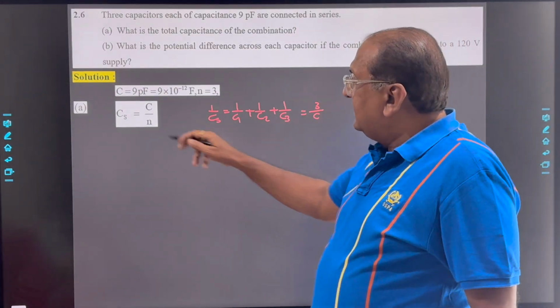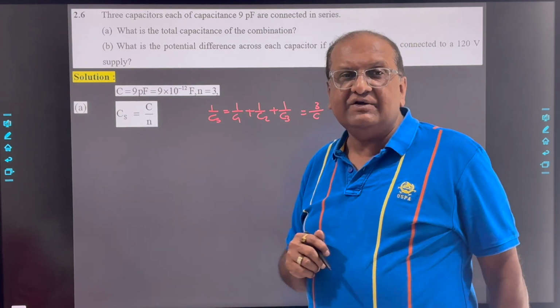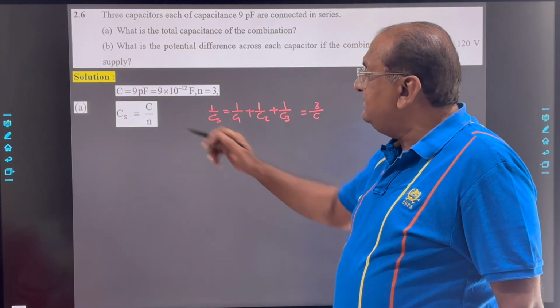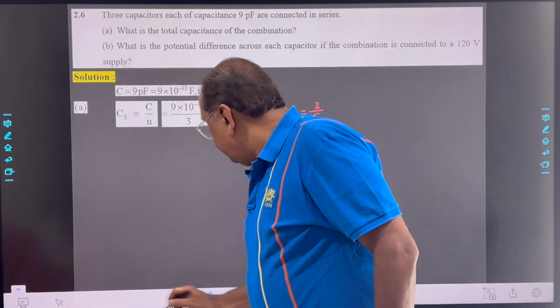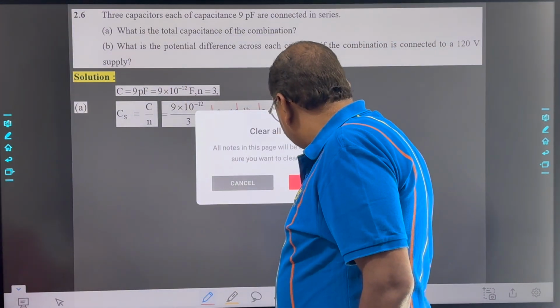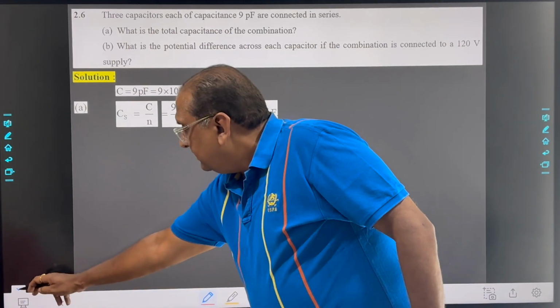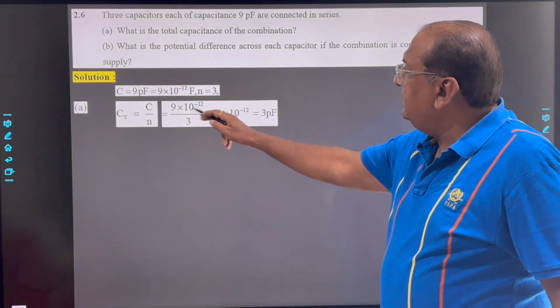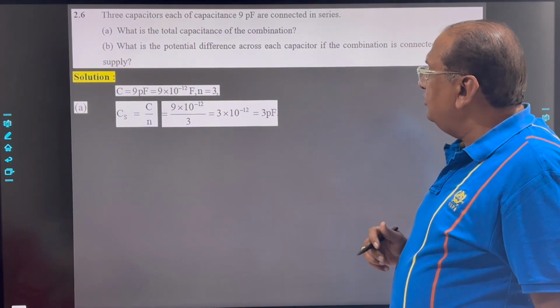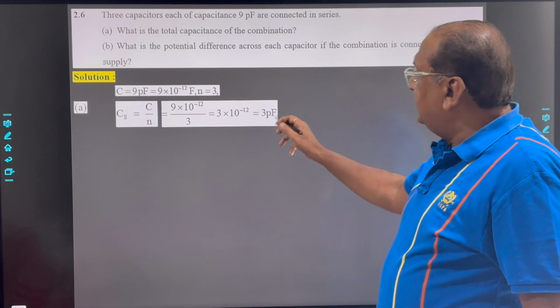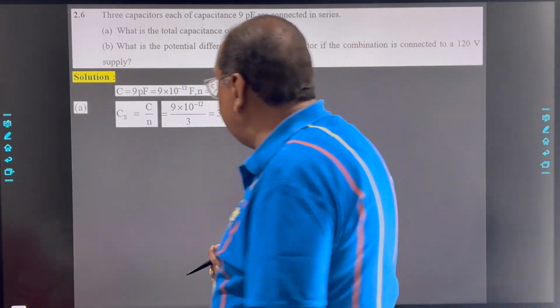So as per that, directly we can use this equation Cs equal to C by n. So if we substitute the value here, then 9 into 10 raised to minus 12 upon 3 is 3 into 10 raised to minus 12, and that is 3 picofarad. Clear?